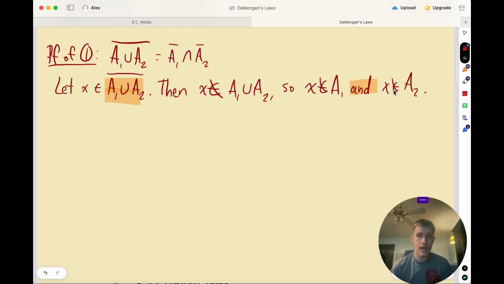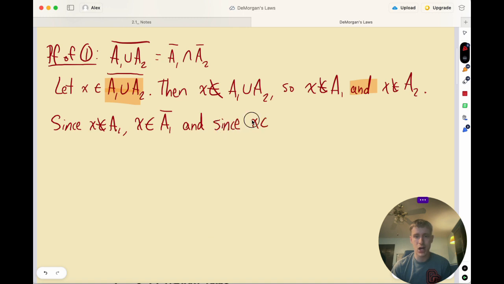What now? Well, since x is not in A1, x must be in the complement of A1. And since x is not in A2, x has to be in the complement of A2. So there's that word and again. We have that x is in the complement of A1 and x is in the complement of A2.